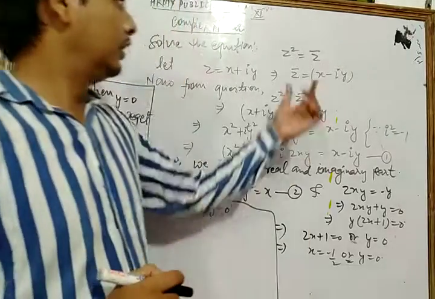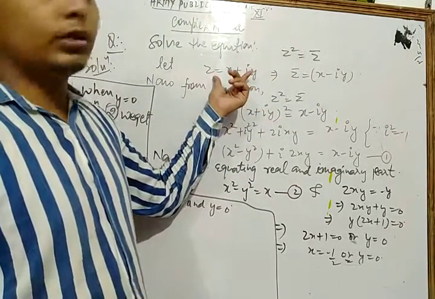Then dear students, here we know that z is equal to x plus iy.